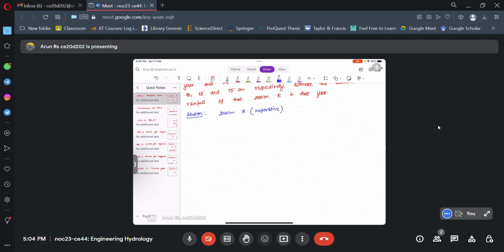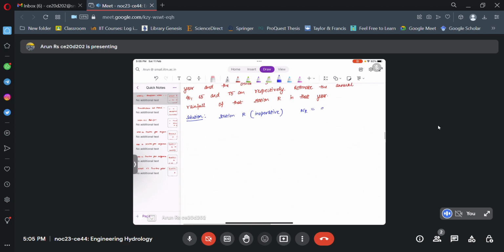So we need the normal rainfall of the station R, which is 80 centimeters. So alpha is equal to 1.1.